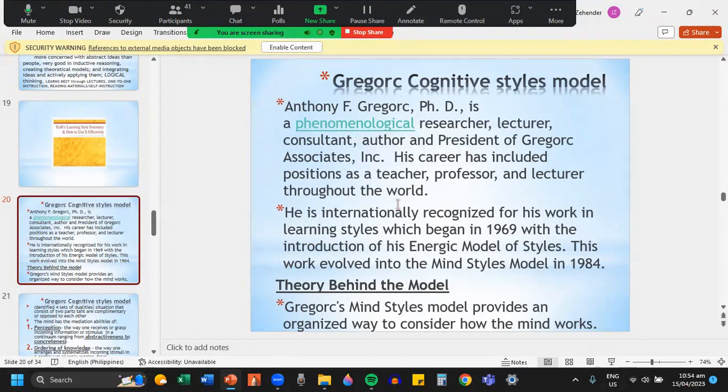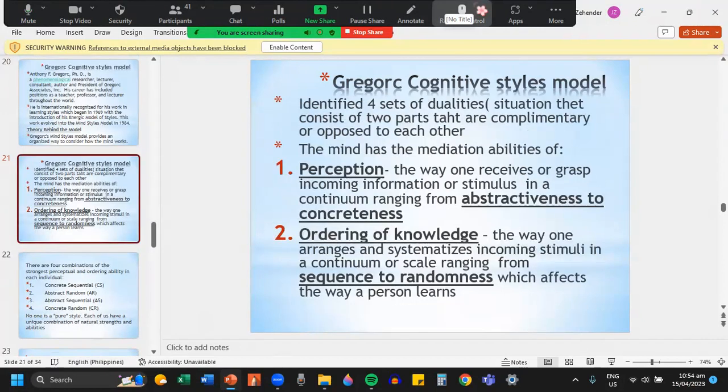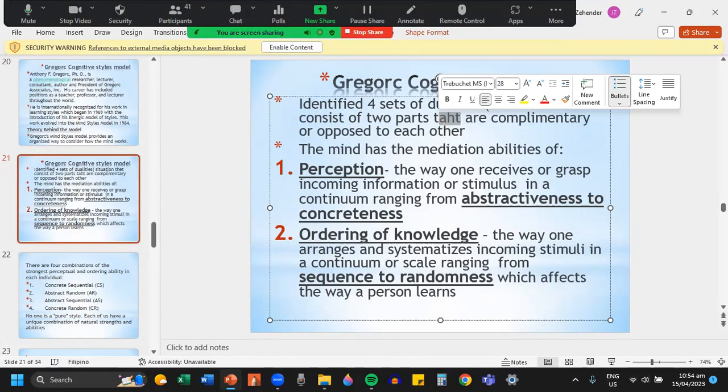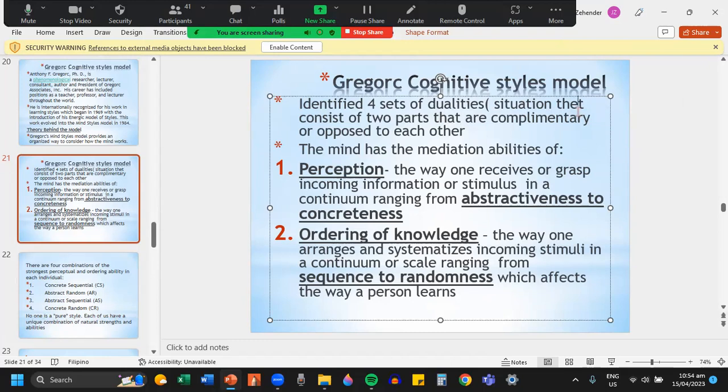Okay, so moving on. Okay, so he identified four sets of dualities or situations that consist of two parts that are complementary or opposed to each other. Sorry for the typo. Okay, so the mind has the mediation abilities of number one, perception.